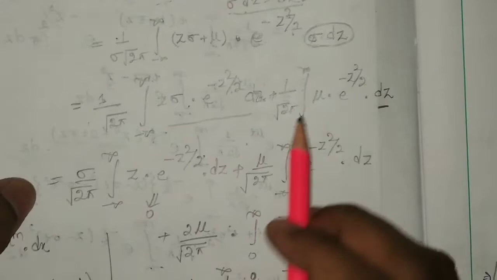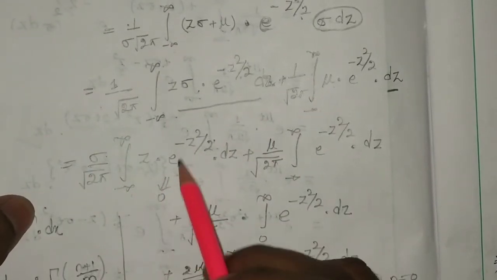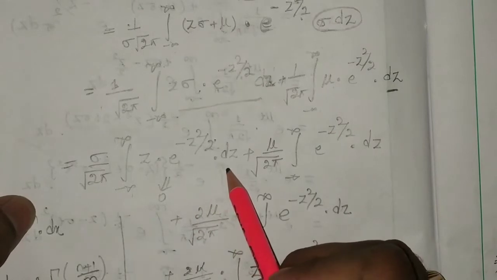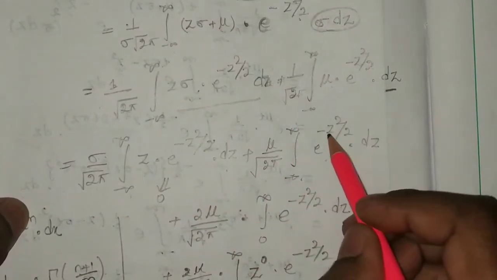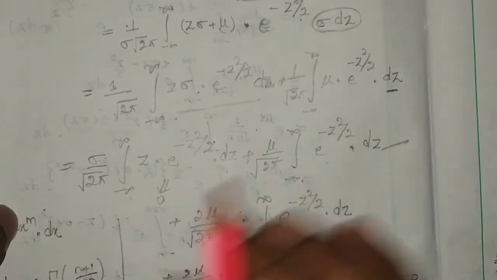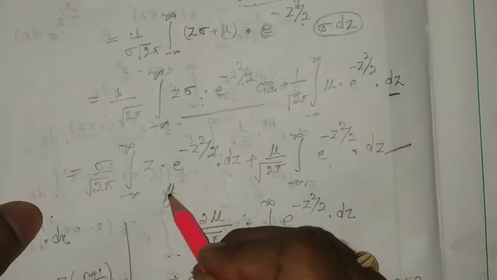Simple steps. So sigma by root 2 pi, minus infinity to plus infinity z e to the power minus z square by 2 into dz, plus mu by root 2 pi, minus infinity to plus infinity e to the power minus z square by 2 into dz. Simple things. Here this will be equal to 0.